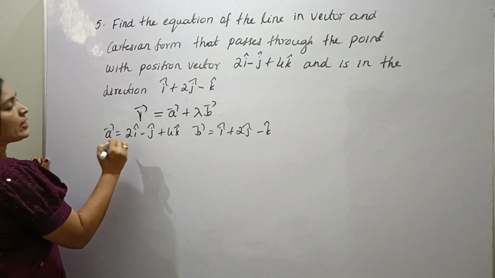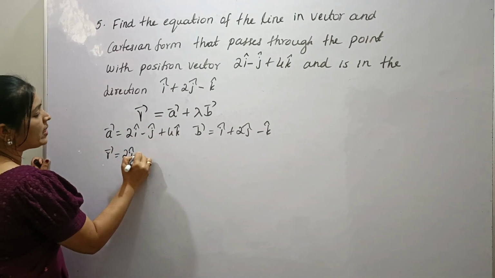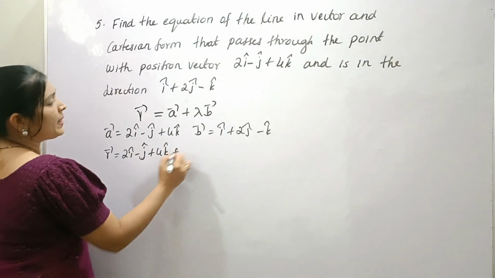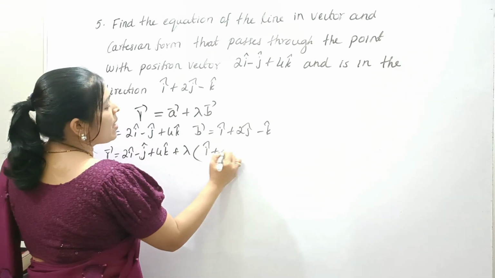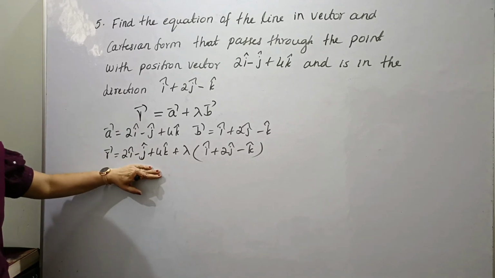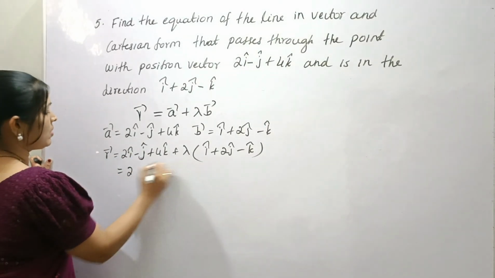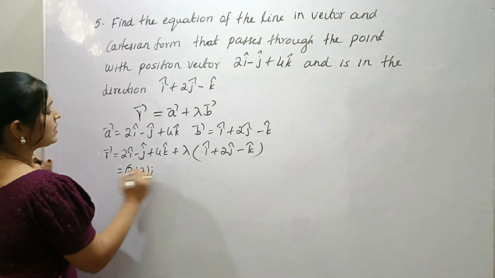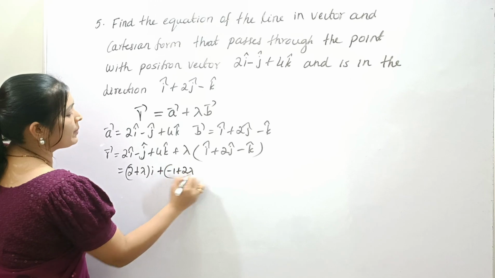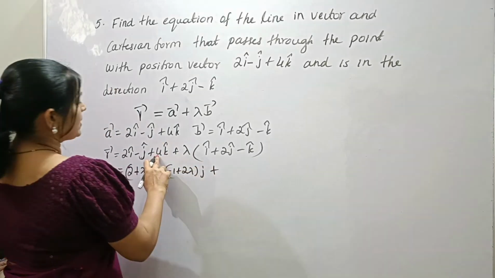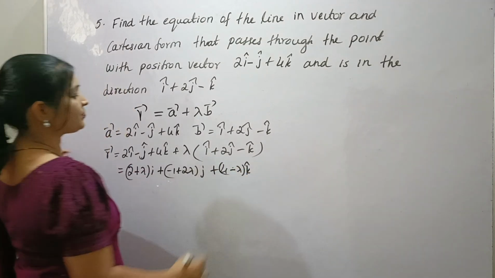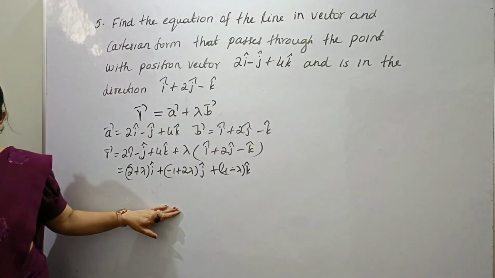Then vector r is equal to 2i − j + 4k plus lambda into (i + 2j − k). Or you can write it as (2 + lambda) i + (−1 + 2 lambda) j + (4 − lambda) k. Here it is the vector equation of the required line.